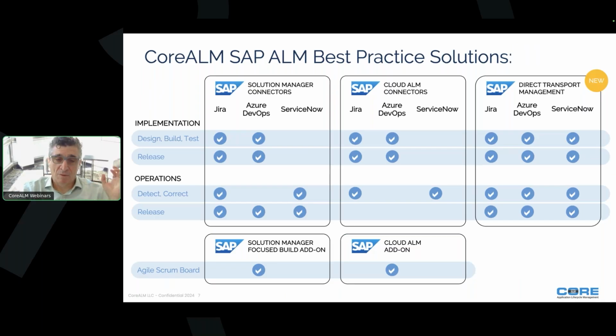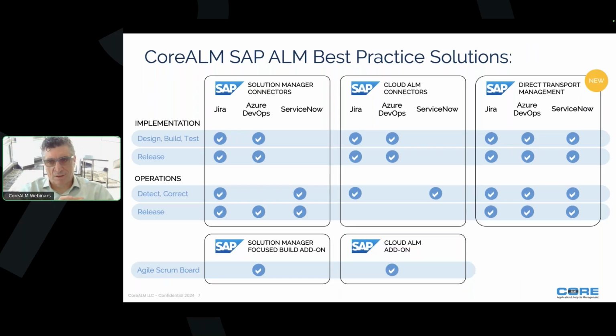But for those people that want the full capabilities of what was in Charm, as an example, but they're not seeing that capability replicated on the Cloud ALM side, we also have the ability to do direct integration with transport management from Jira, Azure DevOps, and ServiceNow. So that is basically taking our additional capabilities that mirror the same robust functionality that you would expect from Charm.